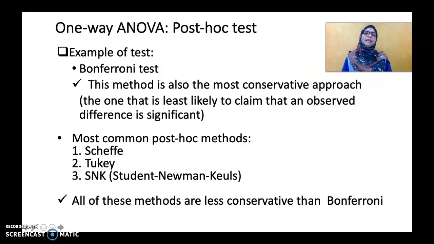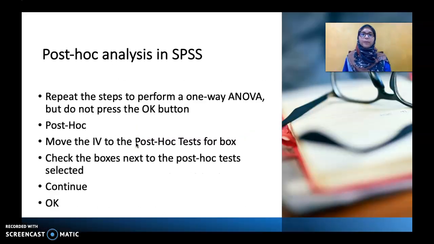The Bonferroni test is the most conservative approach, the one that is less likely to claim that an observed difference is significant. And for your information, the methods that are less conservative than Bonferroni are the Scheffé, Tukey, and SNK. However, you can choose any of these methods in order to run a post hoc test.